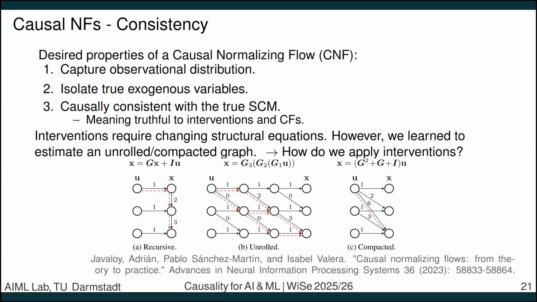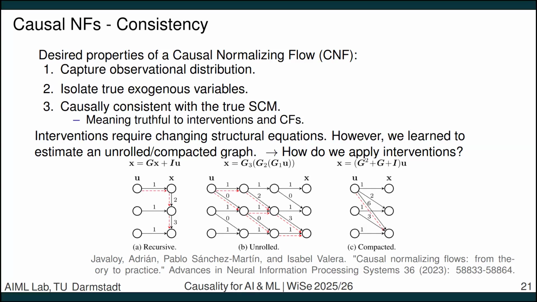So basically the idea is, from an observational perspective, at least for the intervened variable, an intervention means, and we are talking about hard interventions here, that if we intervene on the second variable and we set its value to 5, on the very right of those unrolled representations, this particular variable will just be set to 5, and all the following variables dependent on it will adjust their values accordingly.